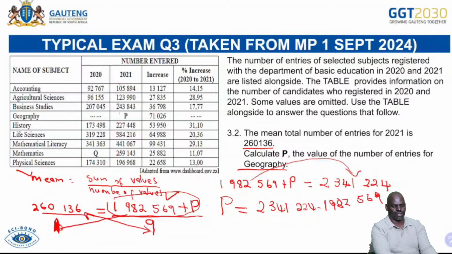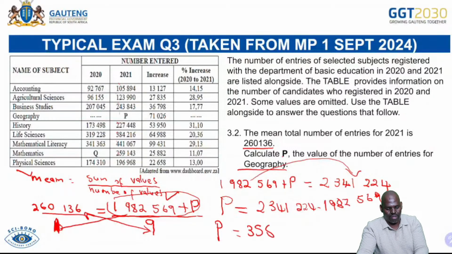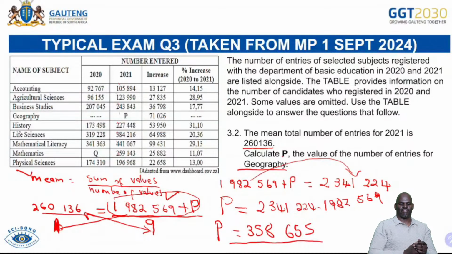Okay, then the answer is, the value of P is 358,655.